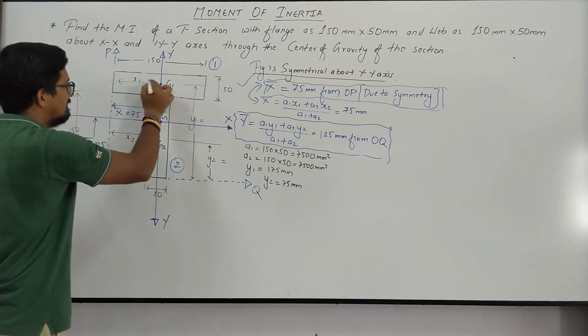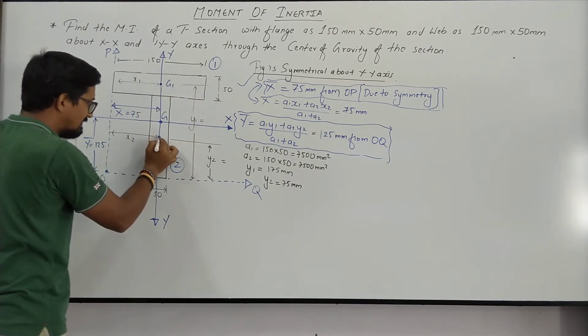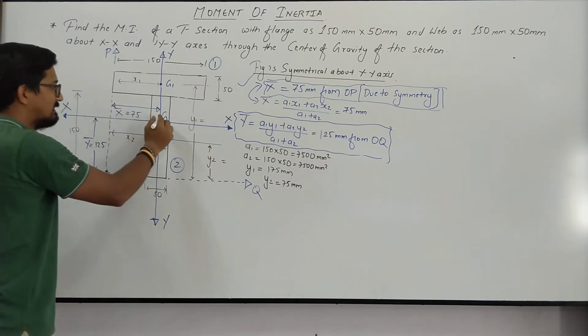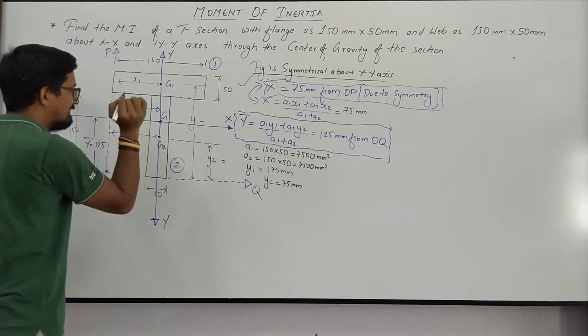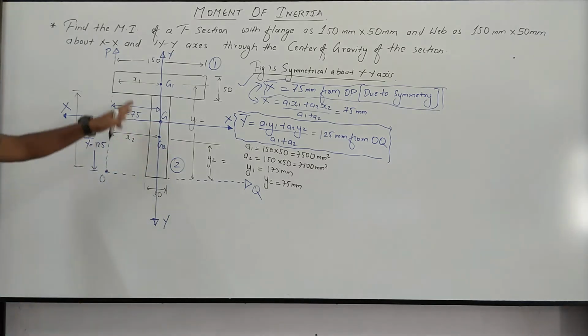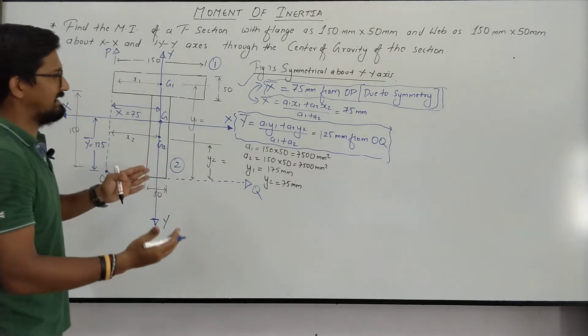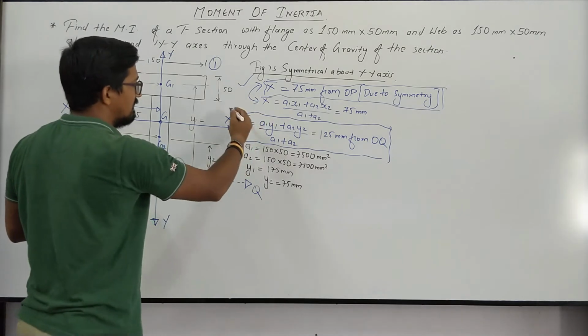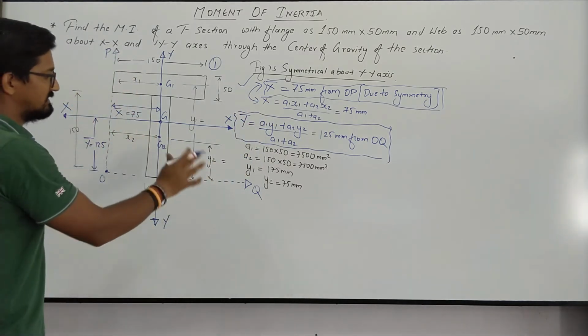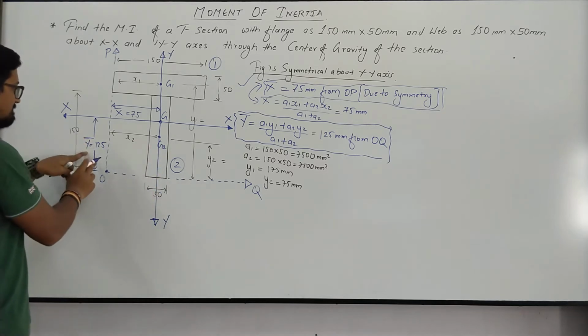This is the CG for rectangle 1, this is the CG for rectangle 2, but this G is the combined, resultant CG of the whole section. So our first task is completed, which is to find x bar and y bar, meaning the position of the x and y axis.